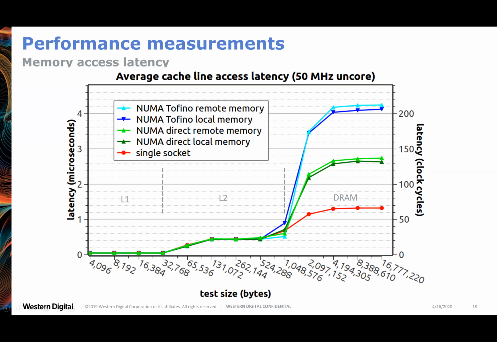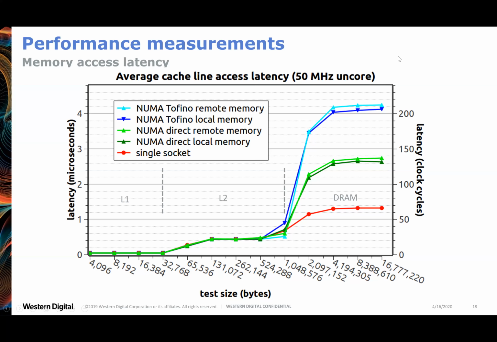And then beyond 1 megabyte, you start hitting DRAM. And so now things get interesting. The red line shows the latency to access local DRAM on the SoC on which the CPU core is. The green lines show access to both local and remote DRAM, meaning DRAM on the other board, through an Ethernet cable via the OmniXtend protocol.